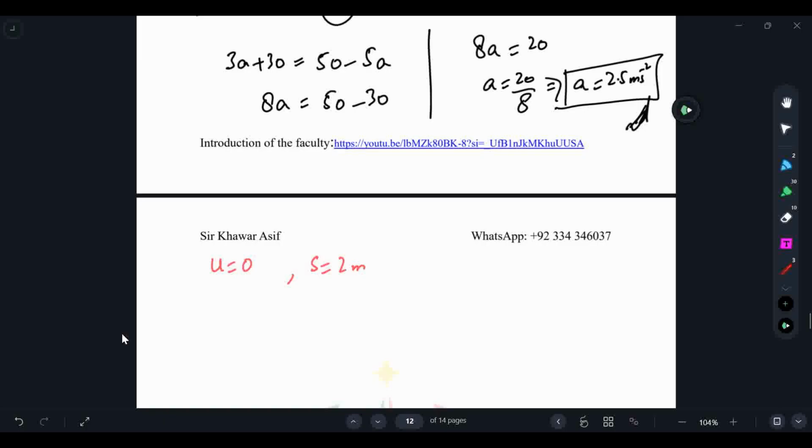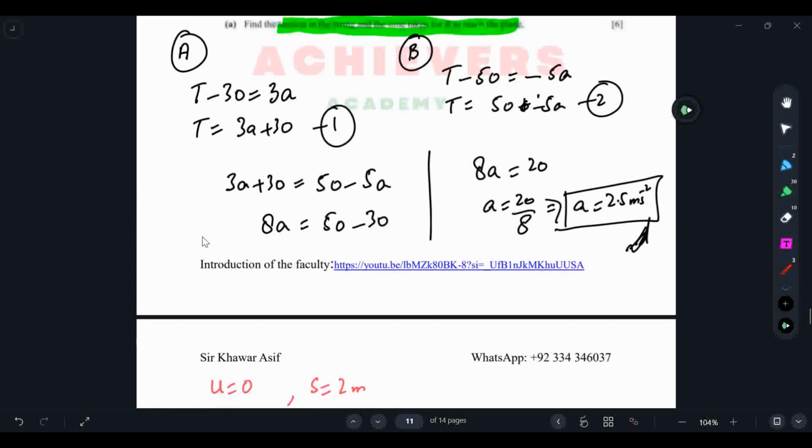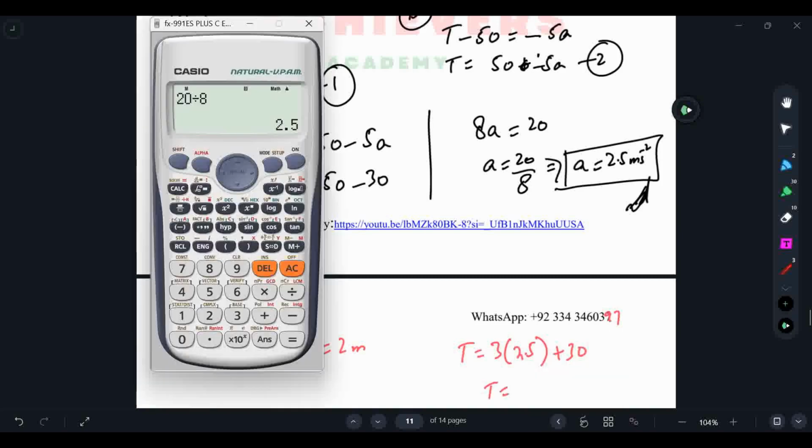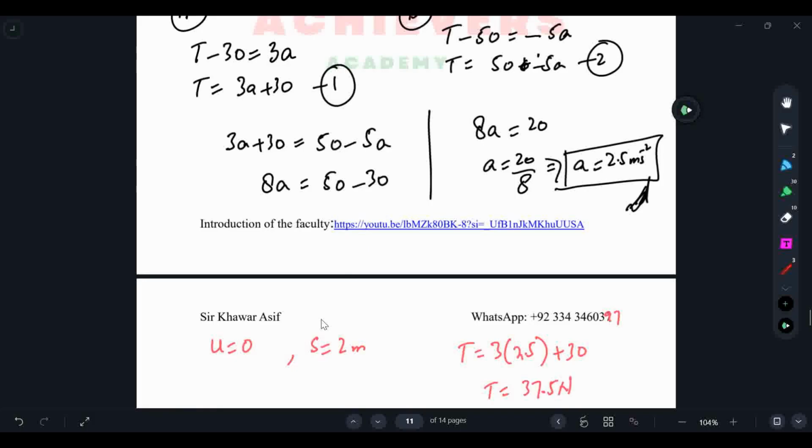We know the value of a, so we can easily find the value of T. T will be equal to 3a plus 30, where a is 2.5. So the tension will be 3 into 2.5 plus 30, which is 37.5 Newton. This will be the final answer for the tension.